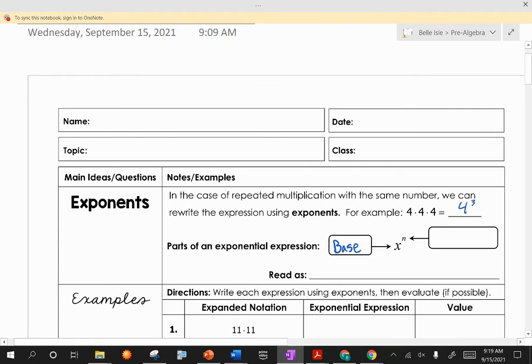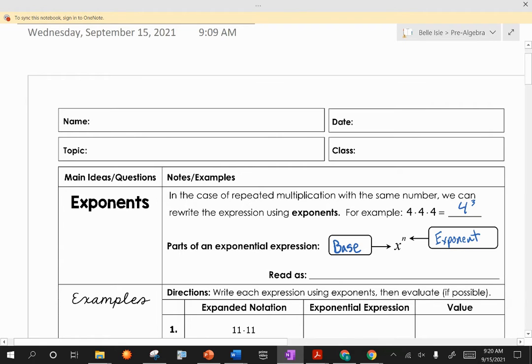There's a lot of different names for it. We can call it an exponent, we can call it a degree, we can call it a power. All of those different variations are going to be the same thing.